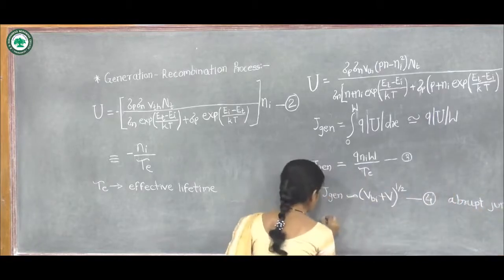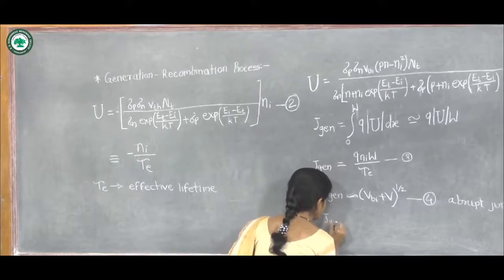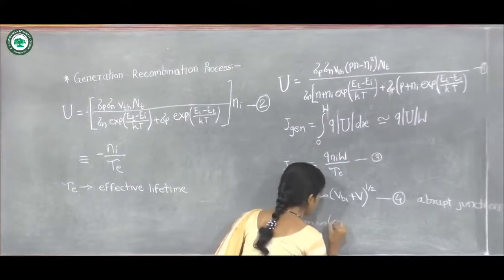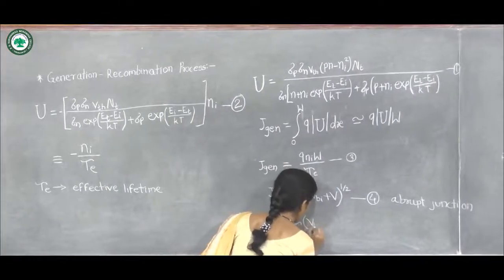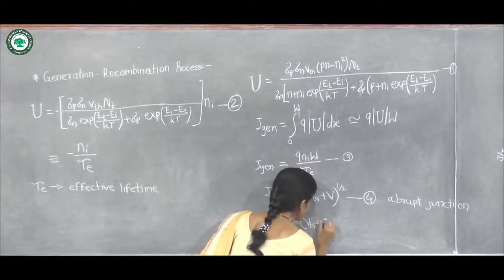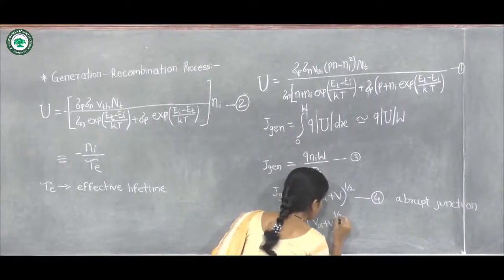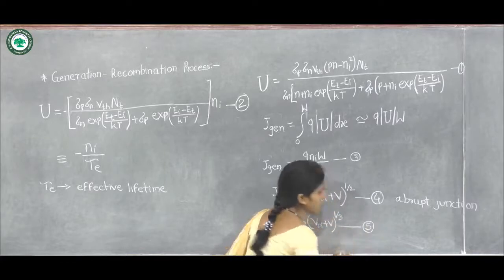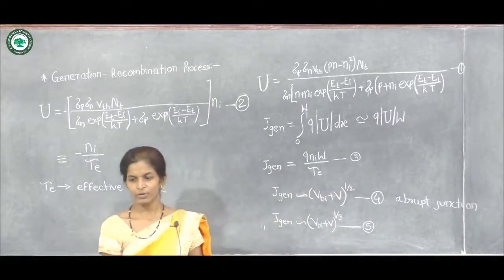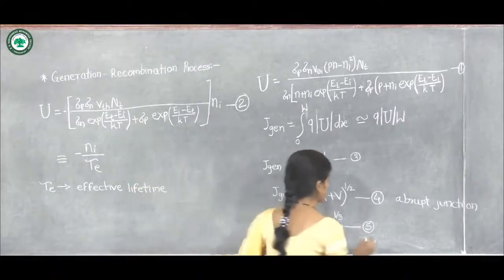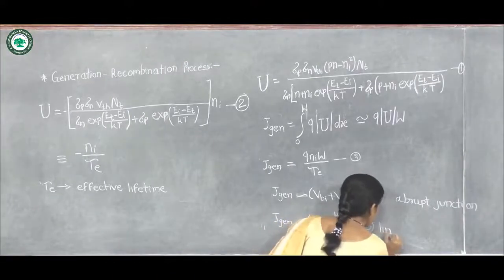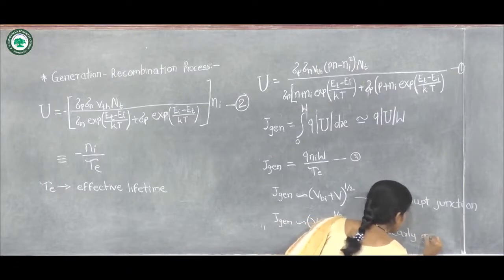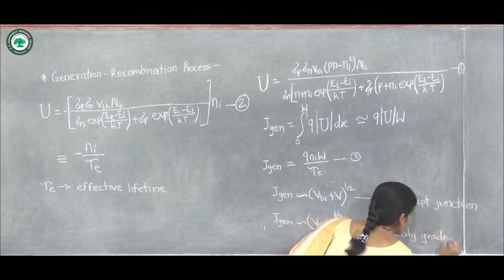And J generation is nearly proportional to (VBI plus V) raised to 1/3. This is equation number 5, and this is valid for a linearly graded junction.